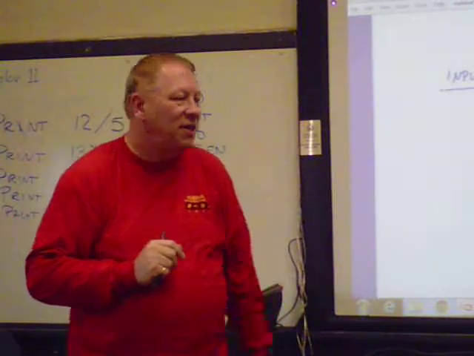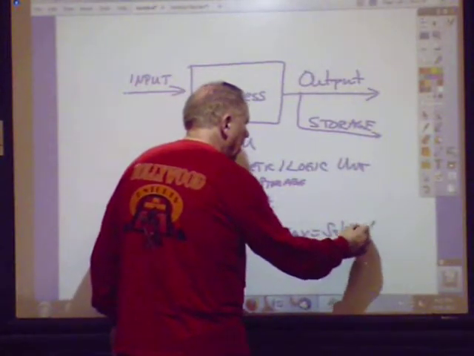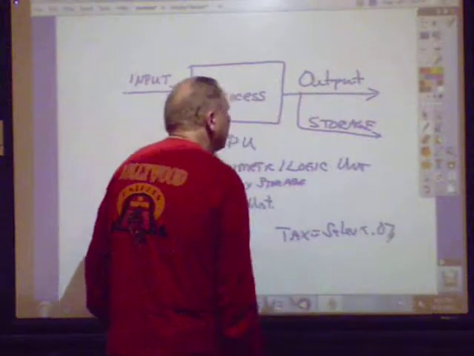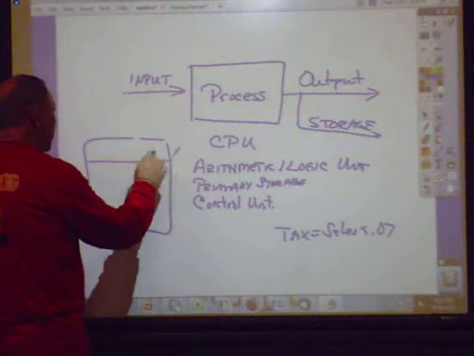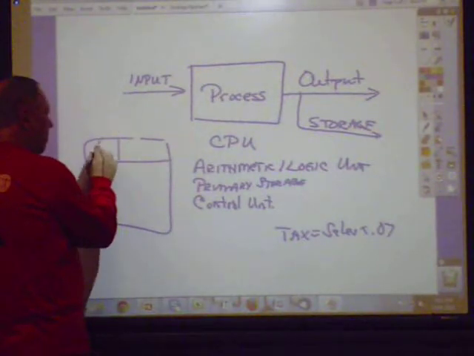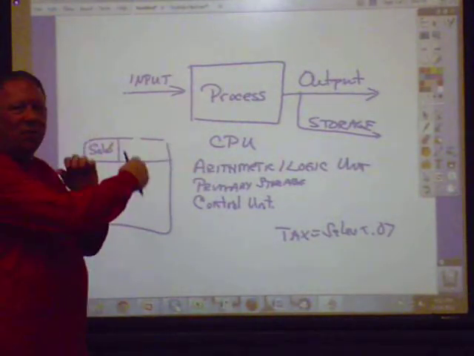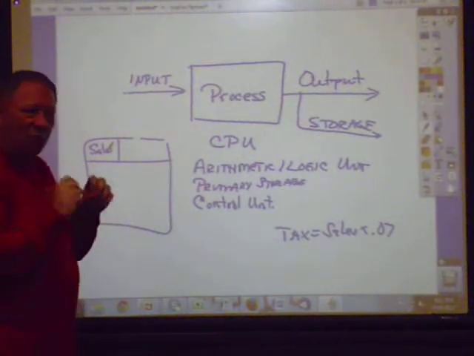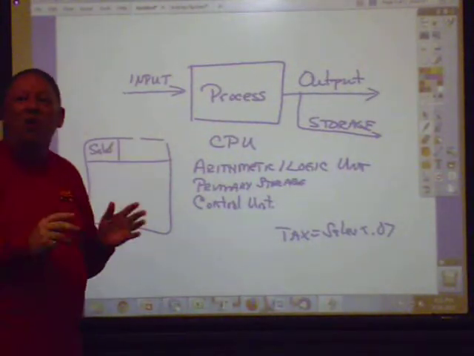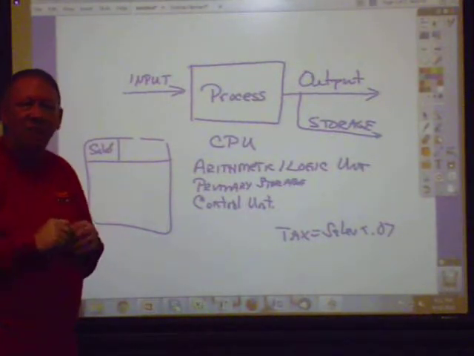So maybe it's going to take that tax is equal to sales times 0.07. So somewhere in the memory, it has a little cubby hole in there, like a mailbox, and it has named it, it just wrote a name on it and called it sales, whatever we told it it was. It doesn't know what sales means.